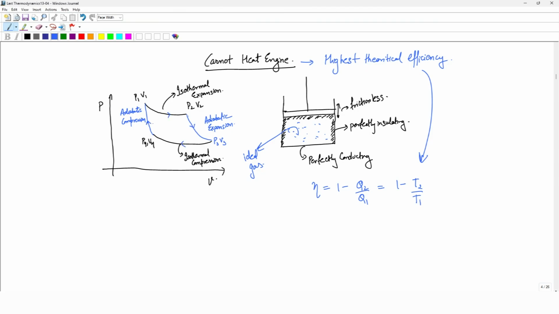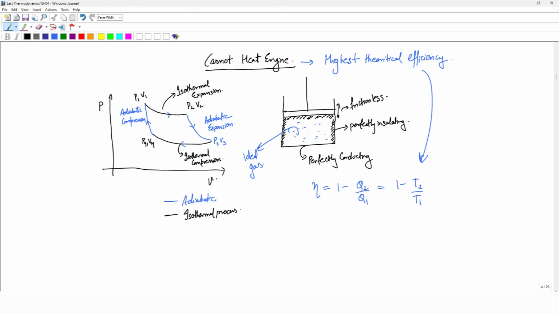In blue it is the adiabatic process, and in black it is the isothermal process.